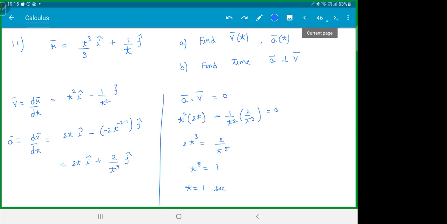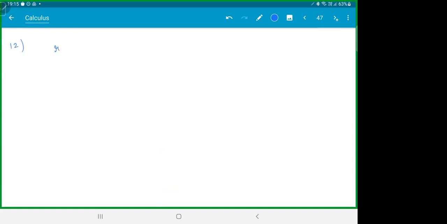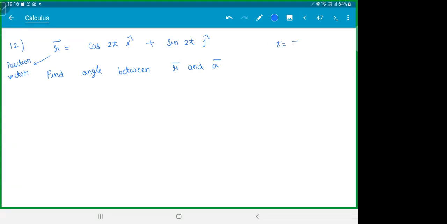Palaksh? Perfect. 12th one. Let's say we have a position vector r bar, which is cos 2t i cap plus sine 2t j cap. Find the angle between r bar and acceleration vector. r bar is position vector. t is time. r bar is given.